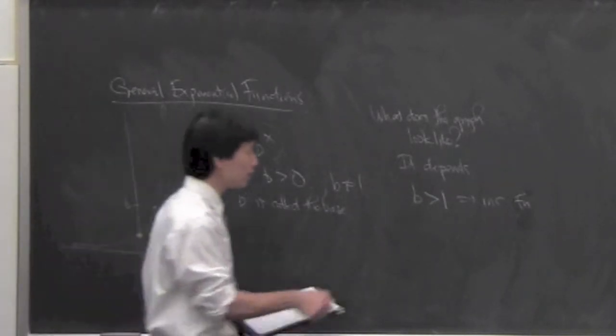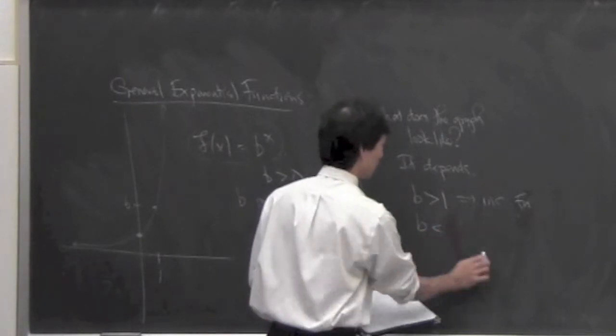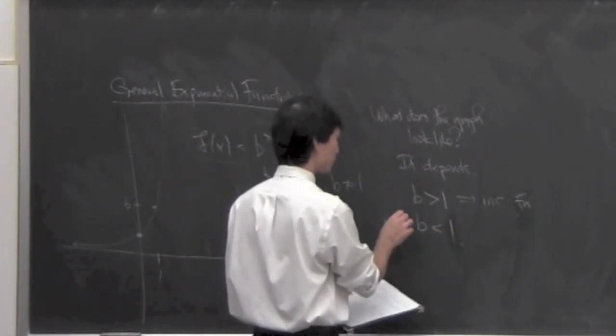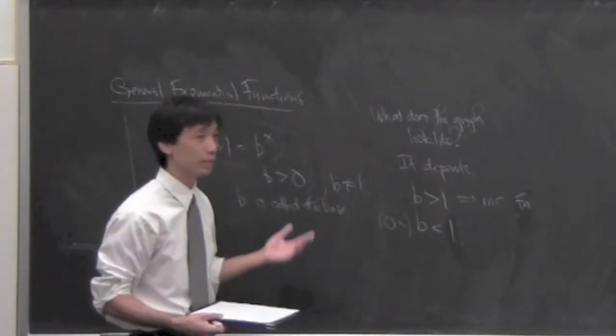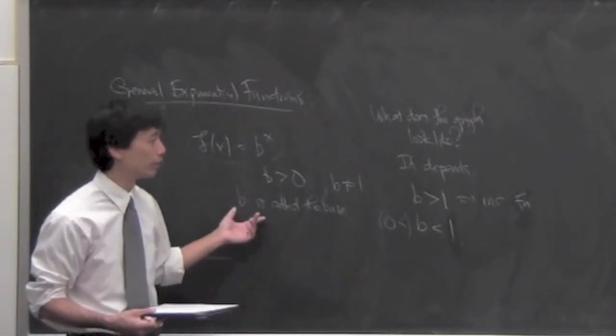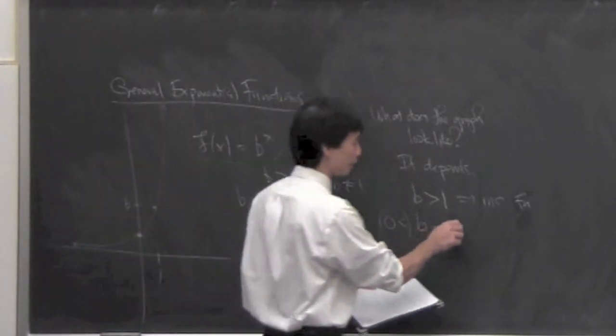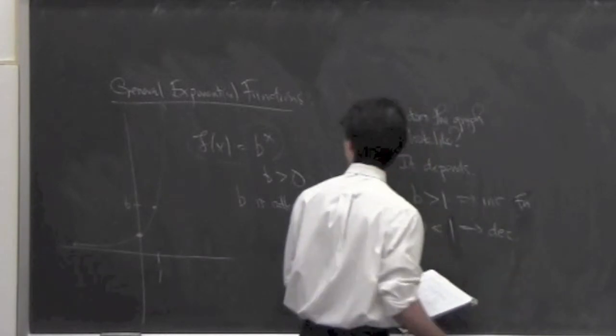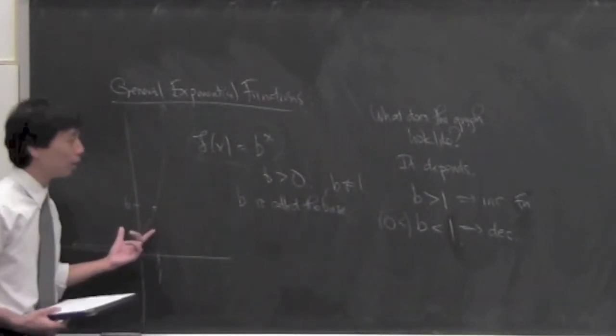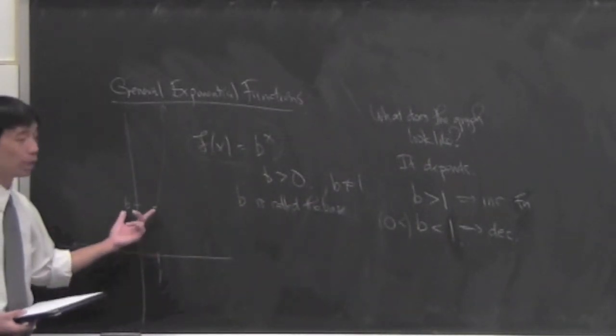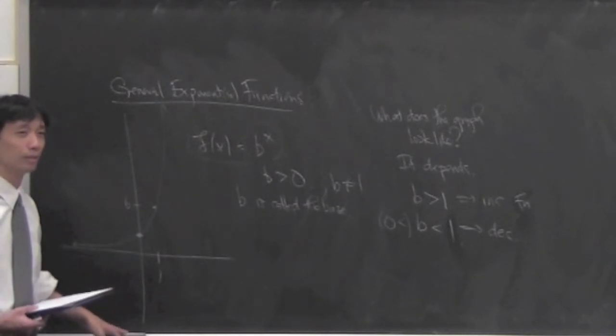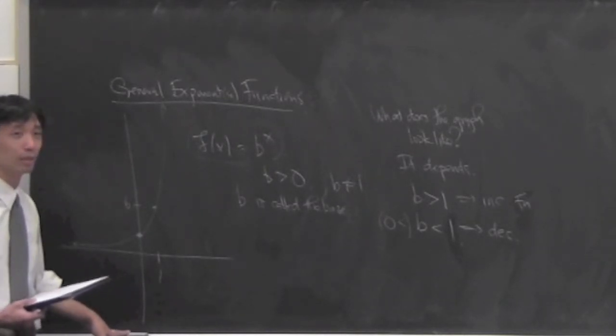If b is less than 1 and greater than 0, because we require that they're all greater than 0, then it's going to be a decreasing function. It will look like the flip of the 1 over b function, where 1 over b is bigger than 1.